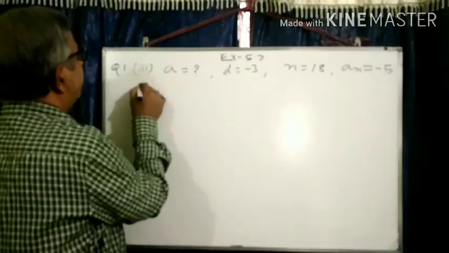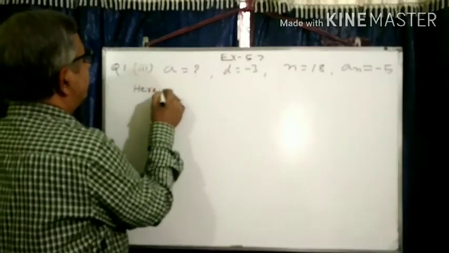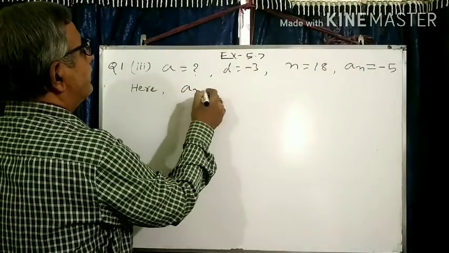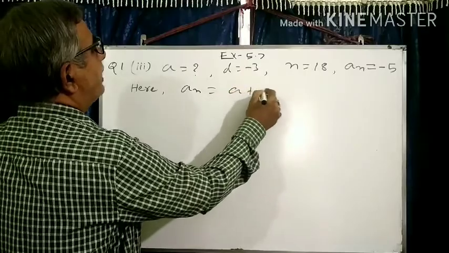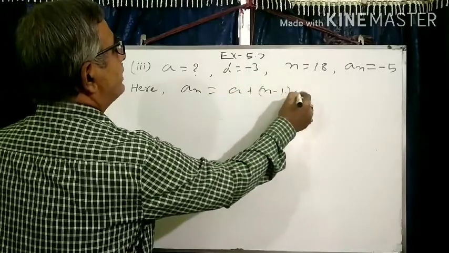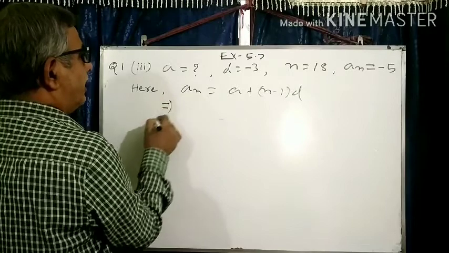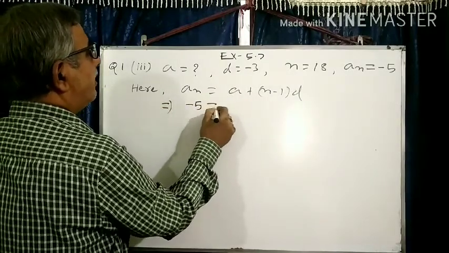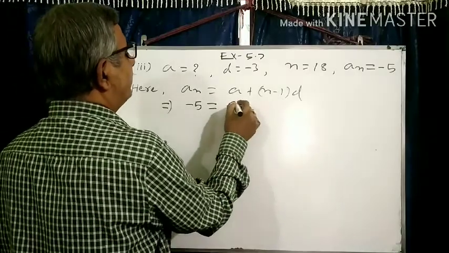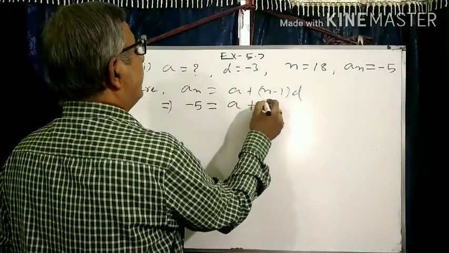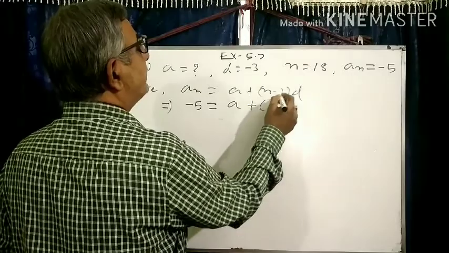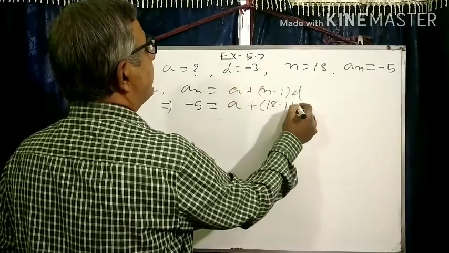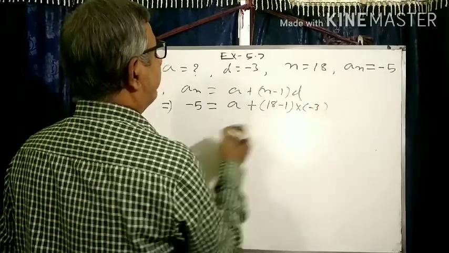Here you apply the formula. An is equal to A plus N minus 1 D. An is already given, so I have put here minus 5. A is not given, so it remains A. N is given here, that is 18 minus 1, and D is minus 3.